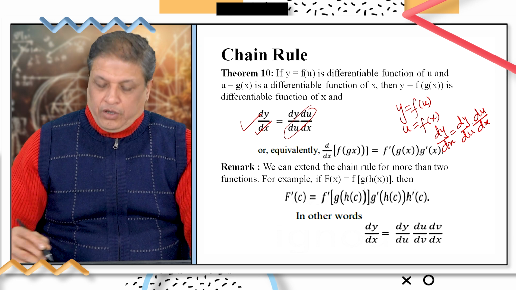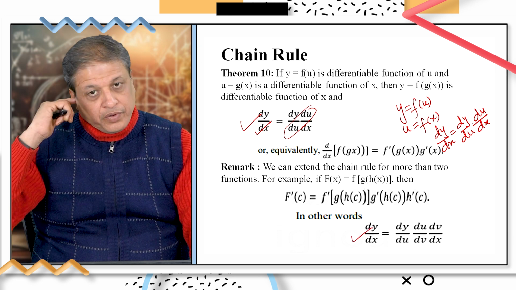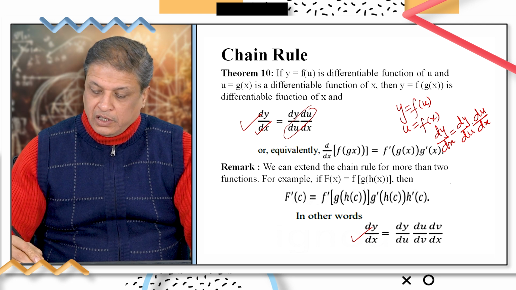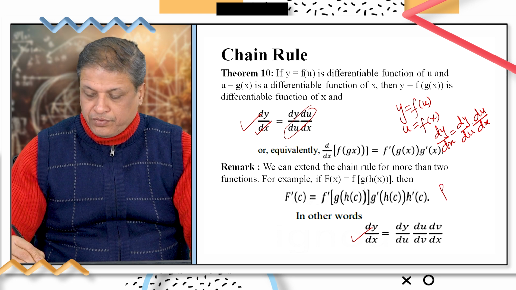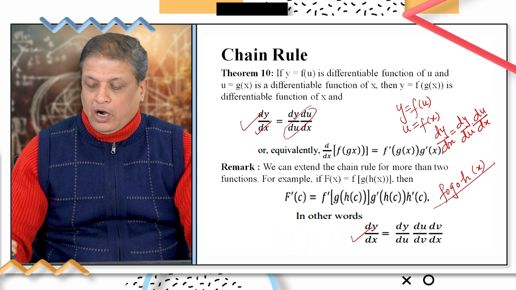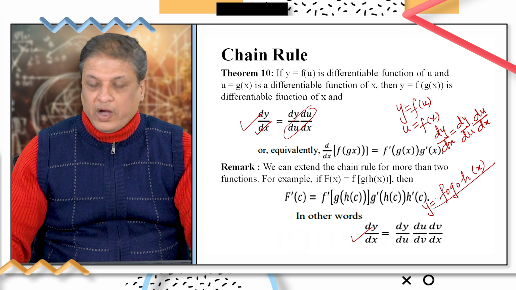So we can have a further more complex chain, if we have more composite functions. Likewise, we had discussed f o g o h of x. Then how to find the derivative of such a function y?